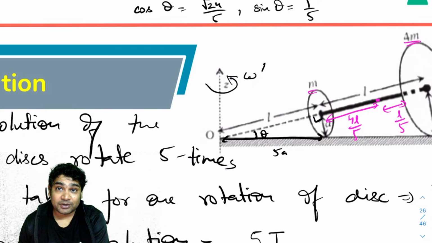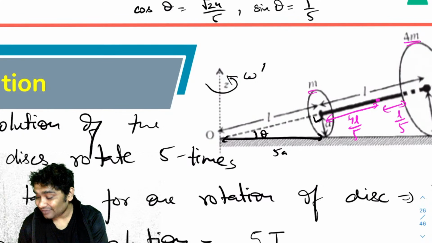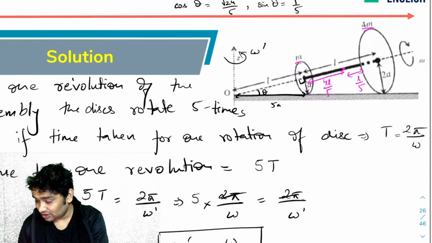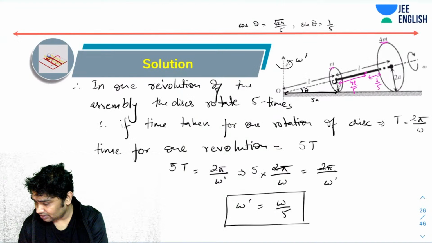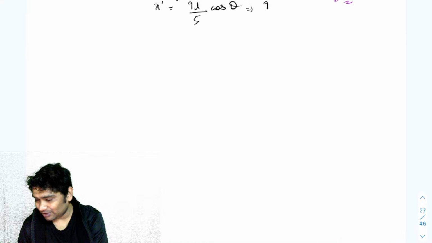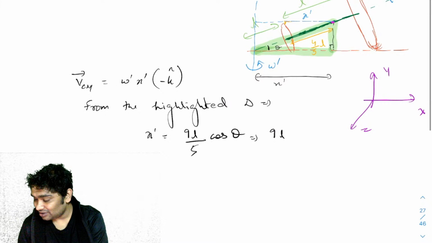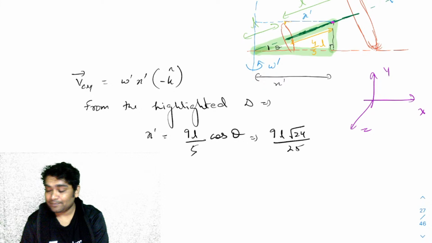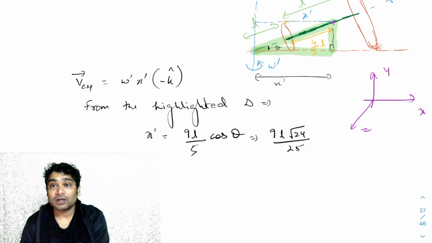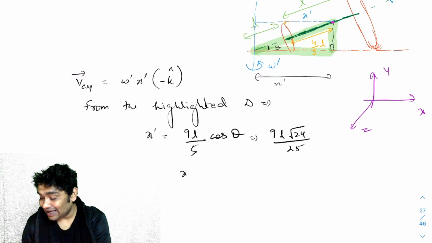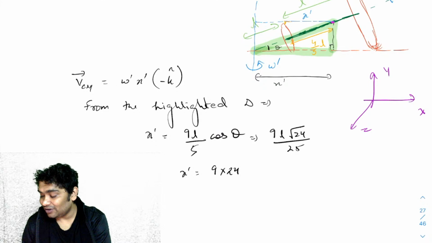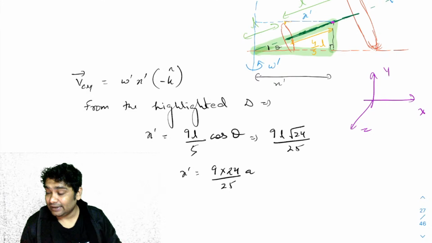So I will substitute the value of cos theta: this is equal to 9L times root 24 over 25. Now let's substitute the value of L also. L was root 24 a. So this x dash becomes 9 into 24 over 25 a. Correct?